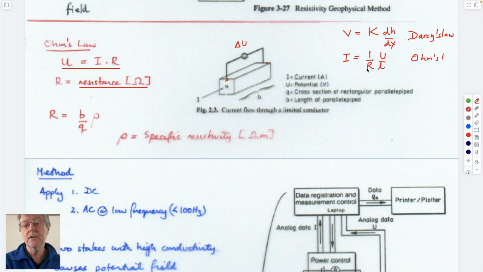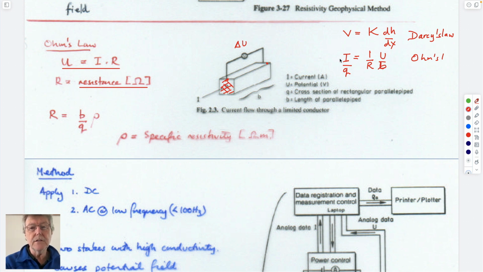This is resistance, and this has to be a velocity, I divided by Q. So Q is too much information perhaps for you. Q is the cross-sectional area of this. B is the length of this, which is this.